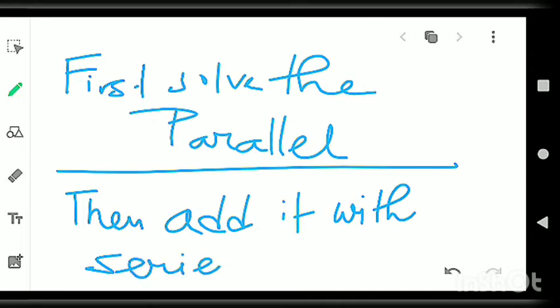Clear everyone? This is what we will follow while we are solving all kinds of numericals in our chapter. So let's try some numericals from the exercise to test our skills here.